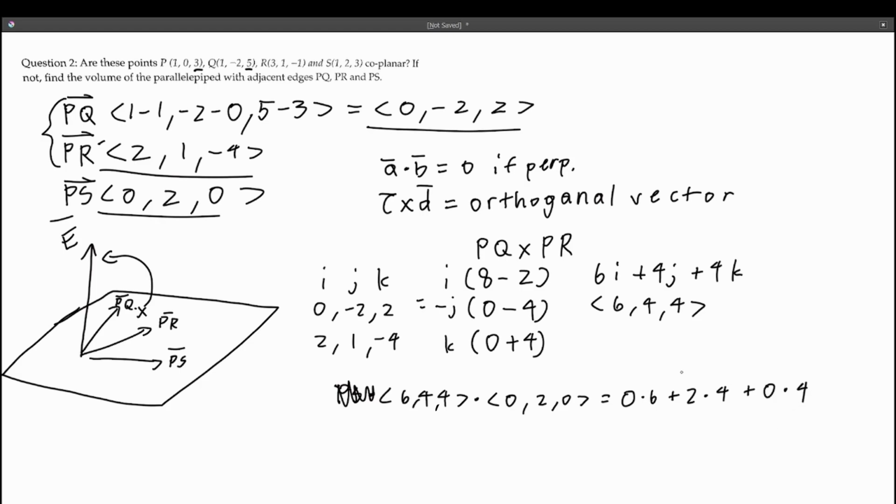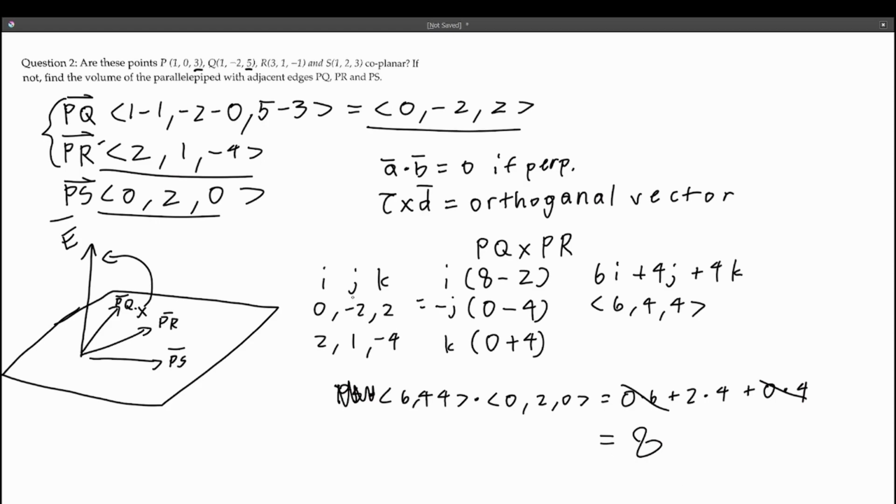That's pretty simple arithmetic right there. That's 0, that's 0, 2 times 4 is 8, and that is not equal to 0, in case you weren't aware. So that tells us that the points given to us are not coplanar, because if they were, the vectors that we make with them would all be coplanar, and thus this right here would equal 0.